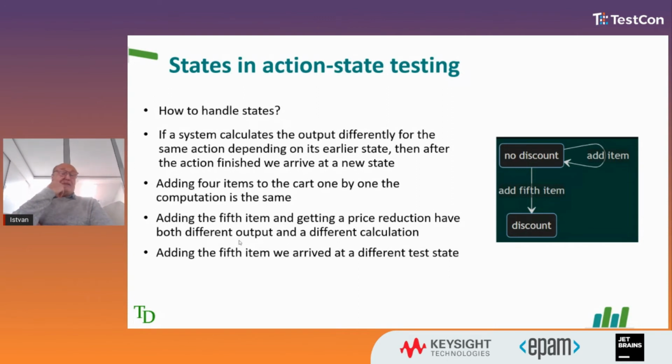And this will reduce the number of states largely. For example, adding 4 items to the cart one by one, the computation is the same and we arrived at the same state. However, adding the 5th item and getting a price reduction, which is a different calculation, we arrived at a different test state.